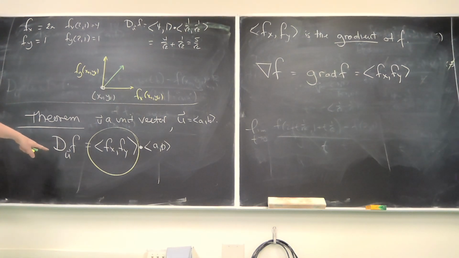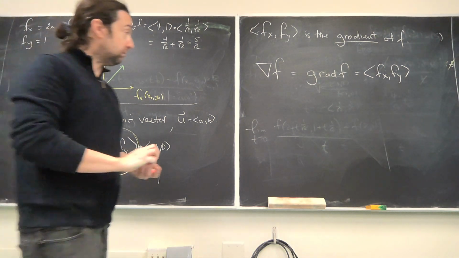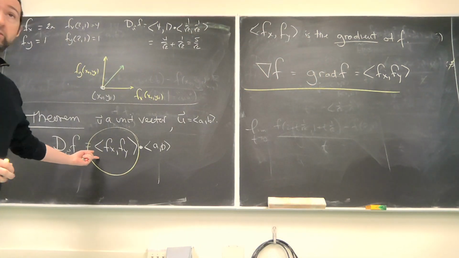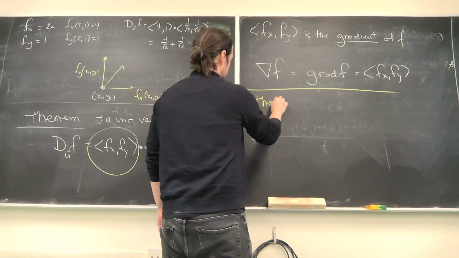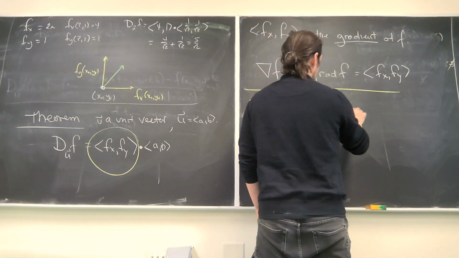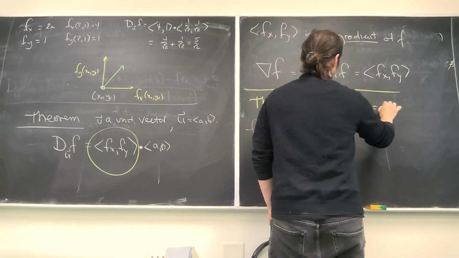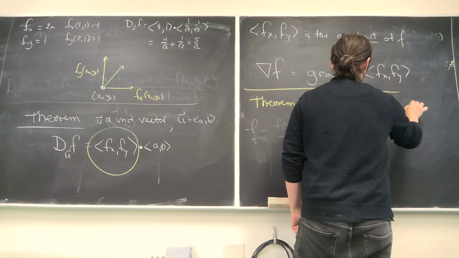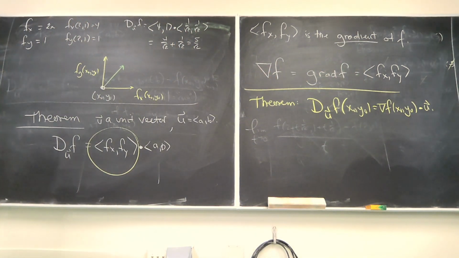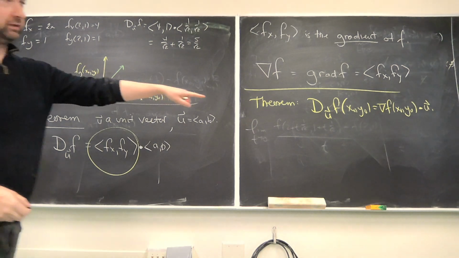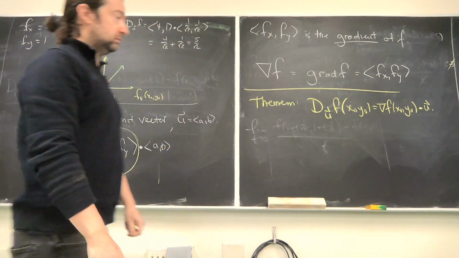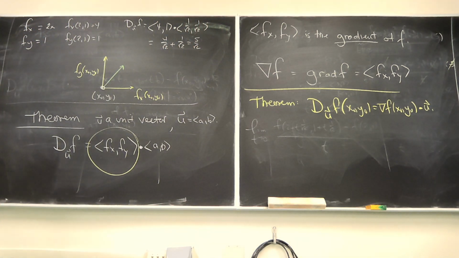So another way of writing this directional derivative theorem, if I have this symbol that means take the vector of first partial derivatives, is that D_u f at a point (x naught, y naught) is equal to the gradient of f at that point dotted with the vector u. And that's the way you see this written in textbooks on engineering and physics. The math book is trying to ease you into the notation a little bit.